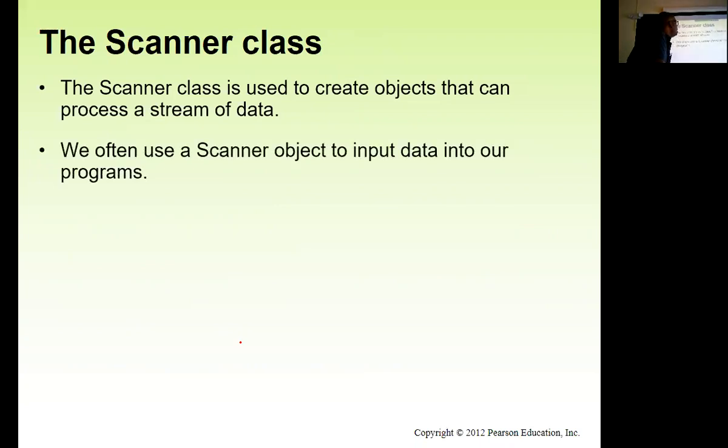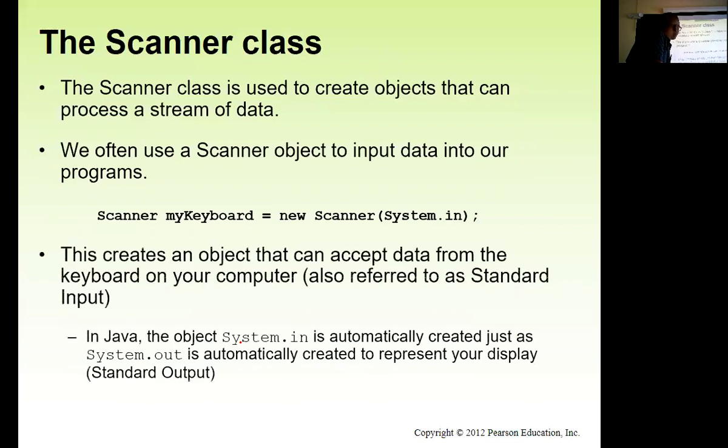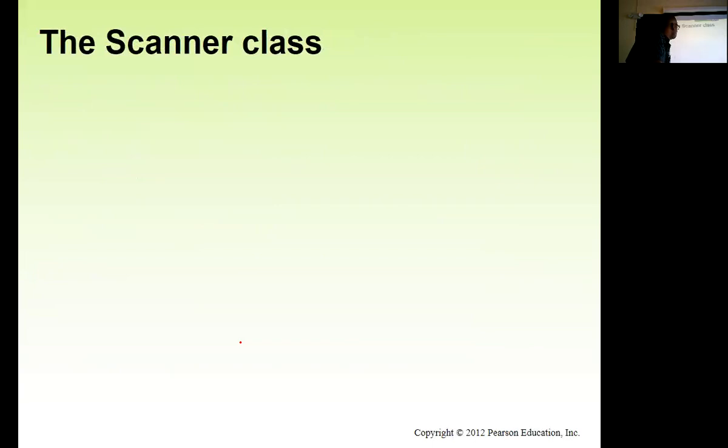A Scanner object is used to manage input data to a program, and it's easily done by creating a Scanner object and instantiating it with what we call the system input stream, which allows it to collect data from your keyboard. Okay. Now, this creates an object that accepts data from the keyboard, and the Java System.in is automatically created.